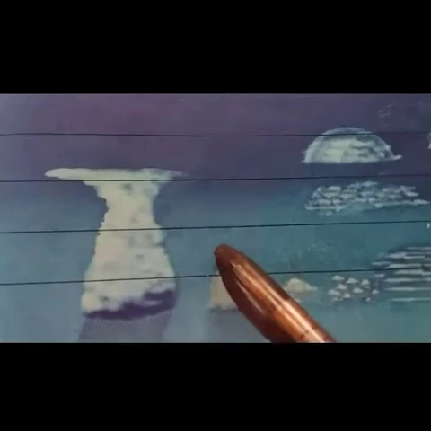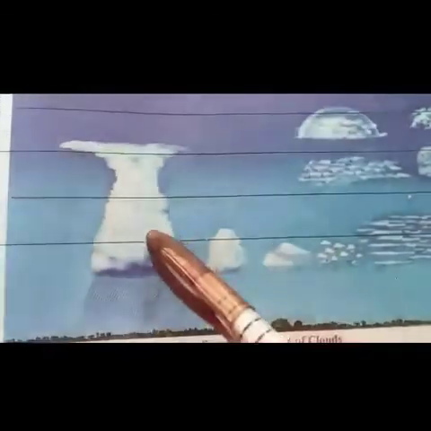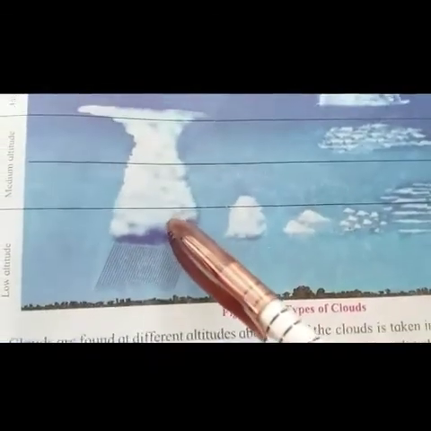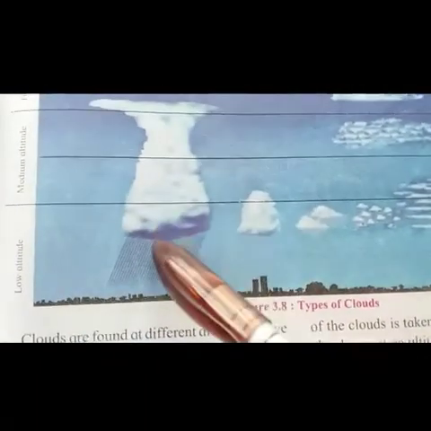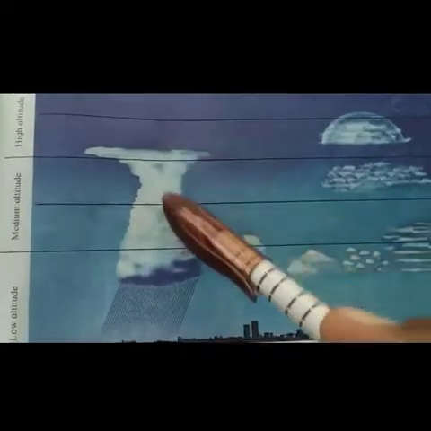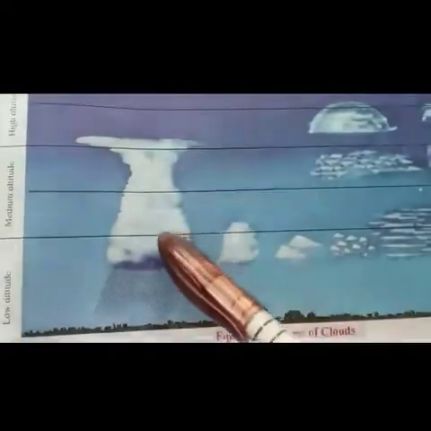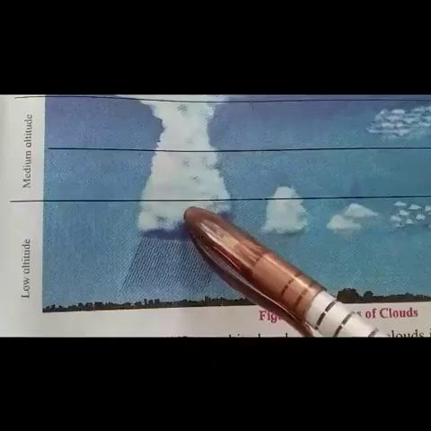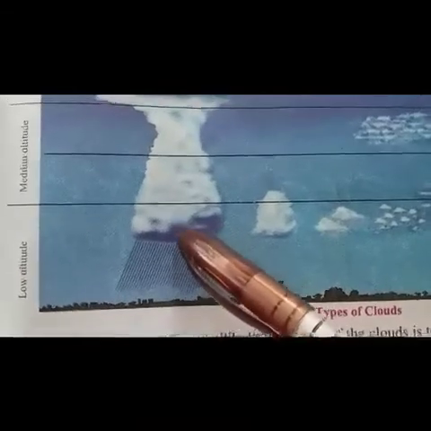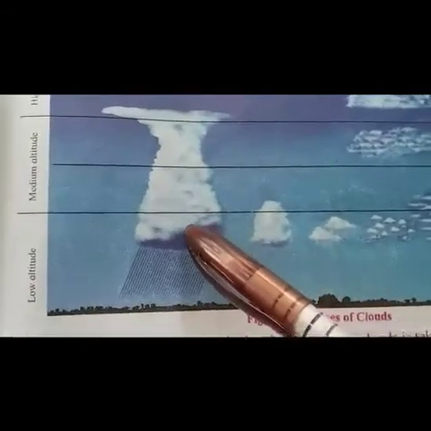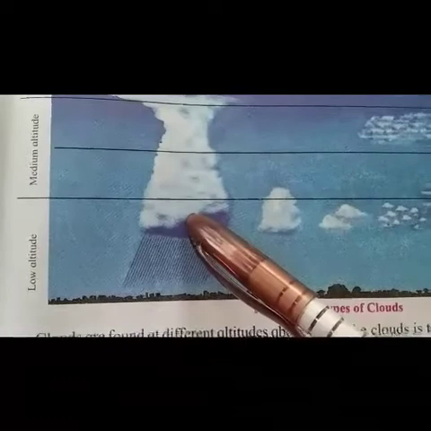As compared to other clouds, the raindrops of these clouds are larger because they move up and down a lot of times and accumulate more and more water. Drops become larger and larger and are unable to float in the clouds because of their weight.